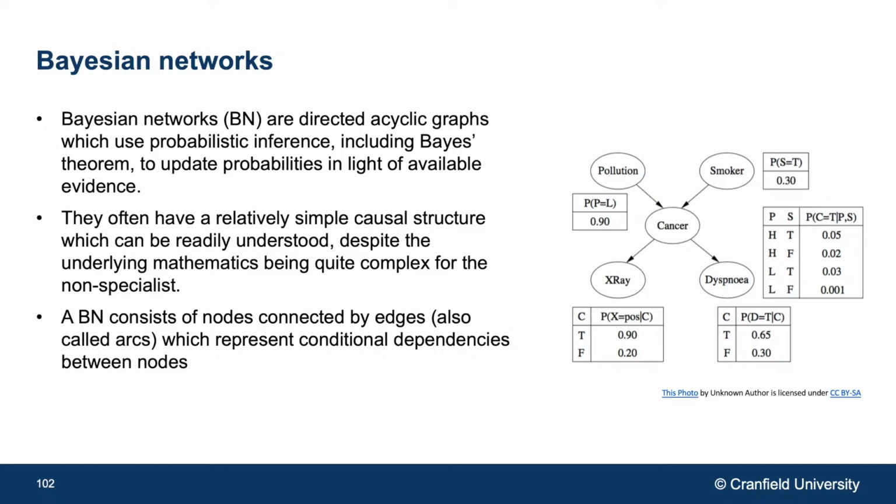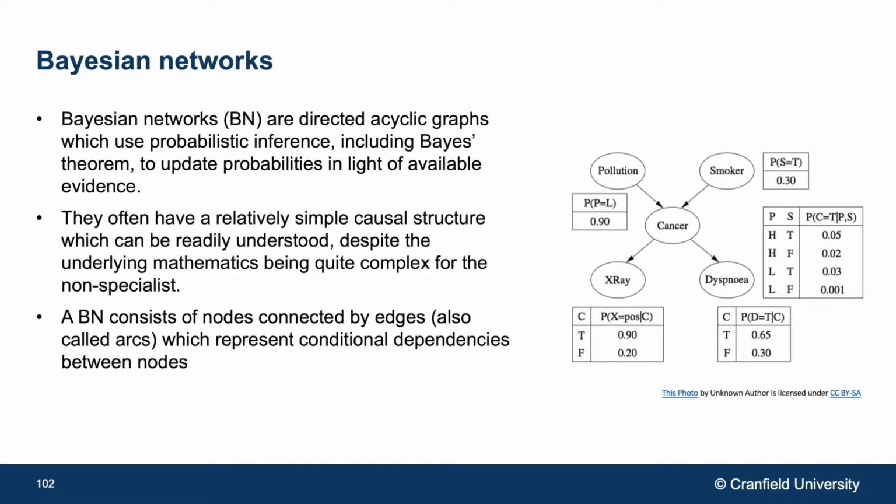However, if you aren't sure of the causal links and you do have data available, then there is also the potential for the Bayesian network structure to be learnt from data, which is hugely powerful. But it's something that we're not going to go into in detail today.